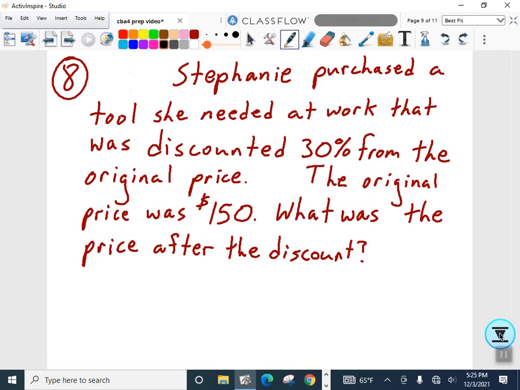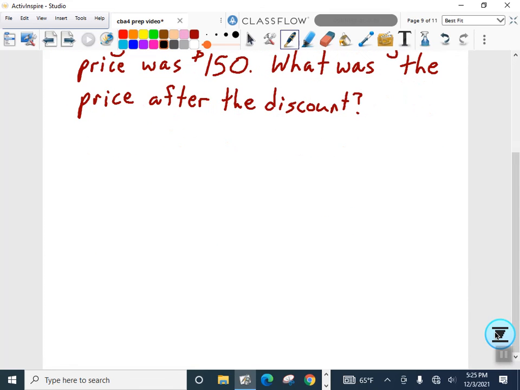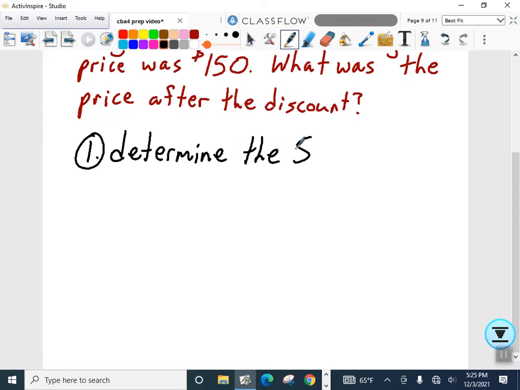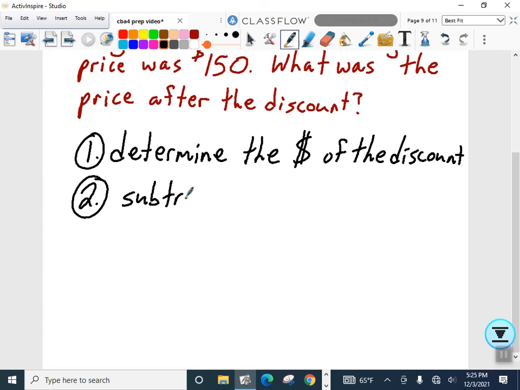And if we remember, the way we approach this is number 1, determine the dollar amount of the discount. And then number 2, subtract the dollar amount of the discount from the price.